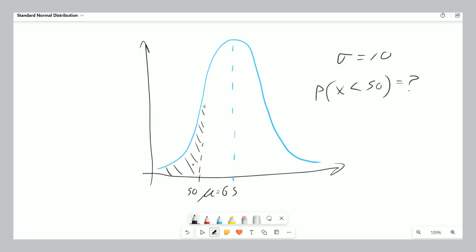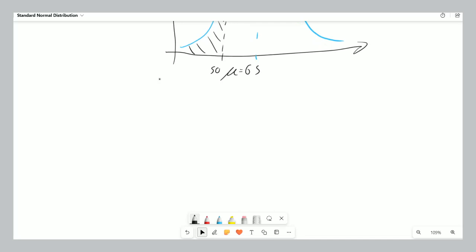Well, the first thing that we're going to do is convert that x value, that cutoff, 50, to the z scale. That's step one, convert to the z scale. So, mu equals 65, standard deviation is 10. Find the probability that x is less than 50.